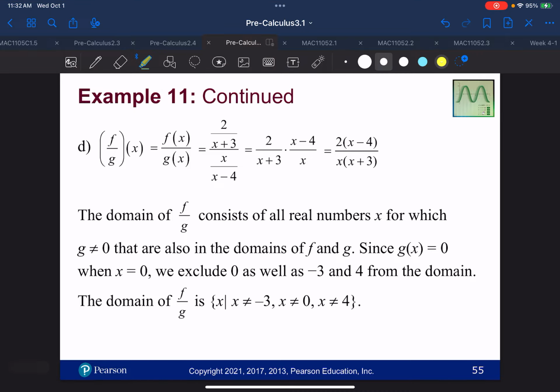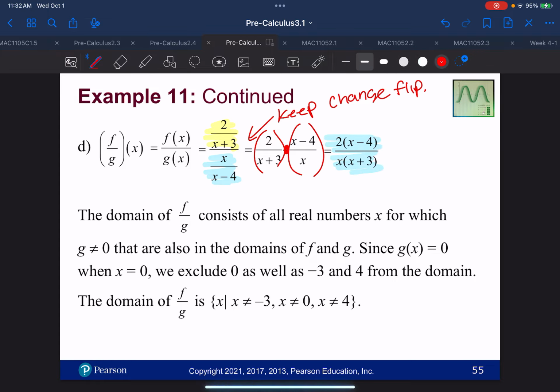The last one is dividing the two functions. So we see f of x divided by g of x. Now remember here, when you divide two fractions, you keep, change, flip. So you can keep the first one, change division to multiplication, and then flip the bottom one. Take the reciprocal, and now we can just multiply to get this.